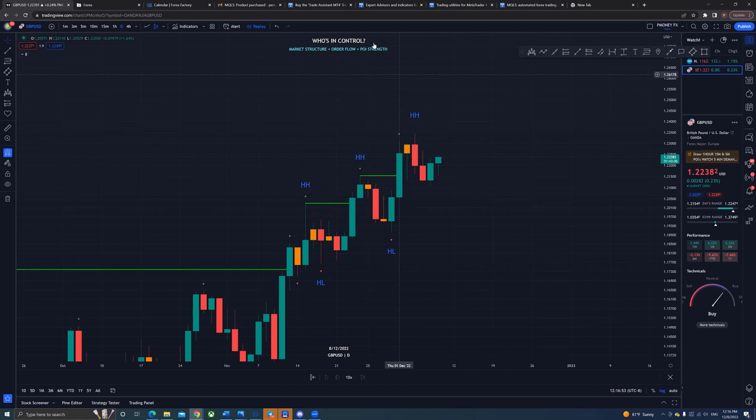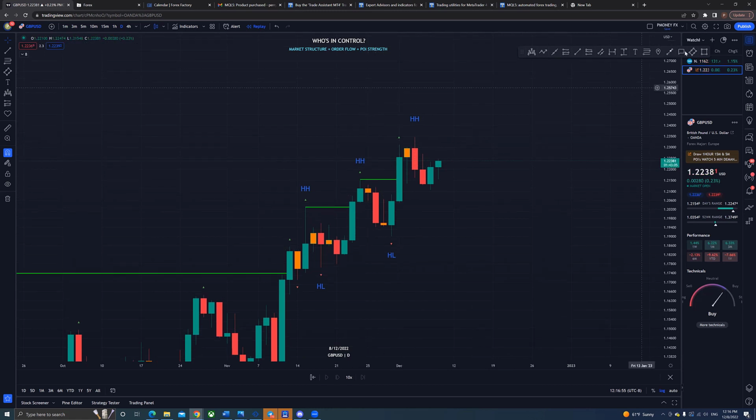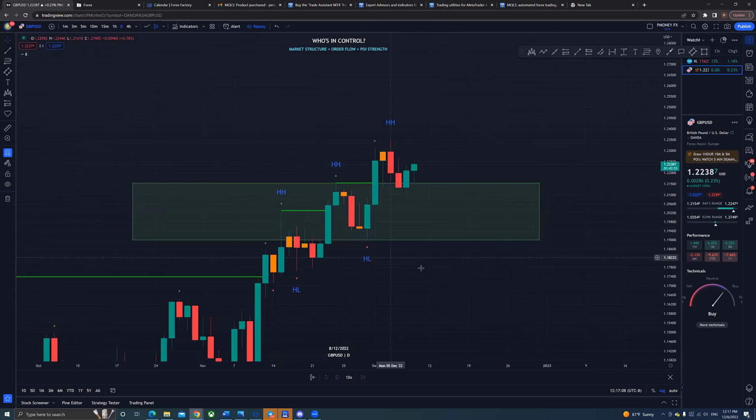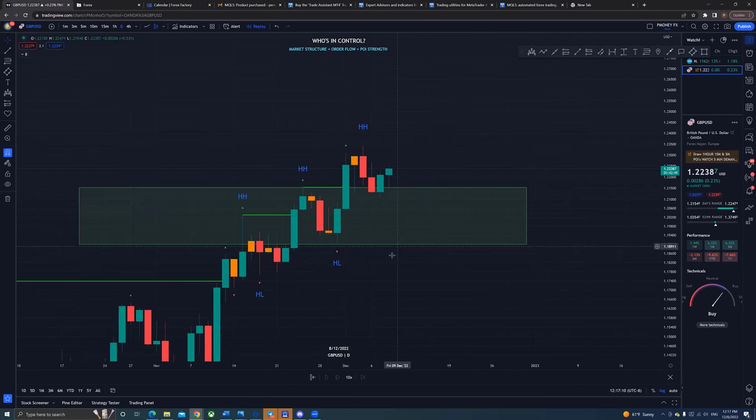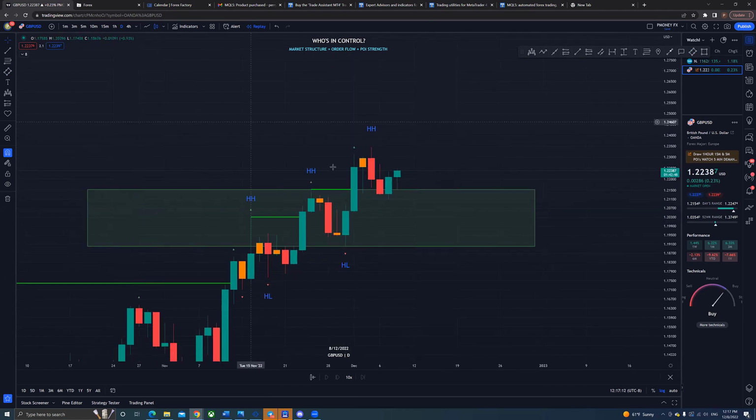So higher high, higher low. Okay, this will be my last. So this is a pivot base demand zone. Let me know where I mess up. A pivot based demand zone on the daily.